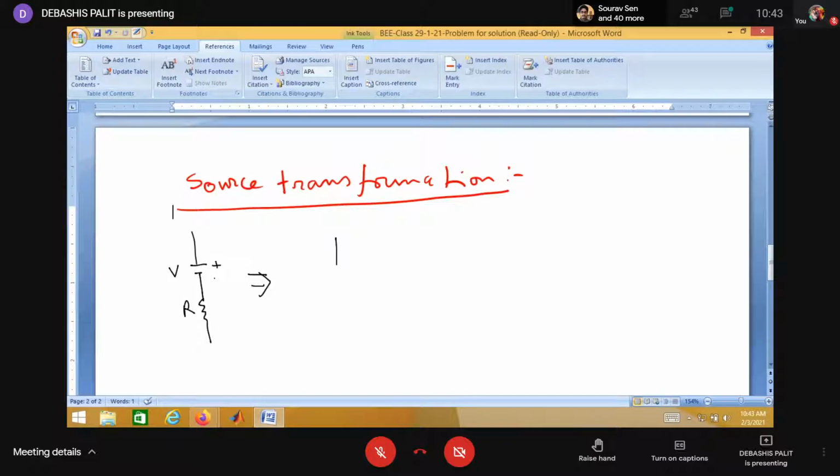This is plus, this is minus. So if you close the circuit, then current will flow in this direction. If you convert this, then it will be a parallel resistance equivalently. The current will be V by R and the resistance will be the same.